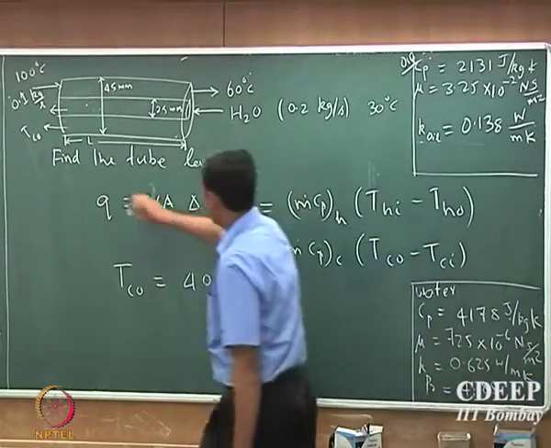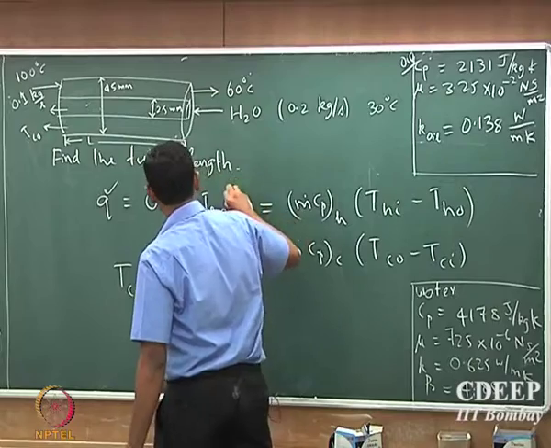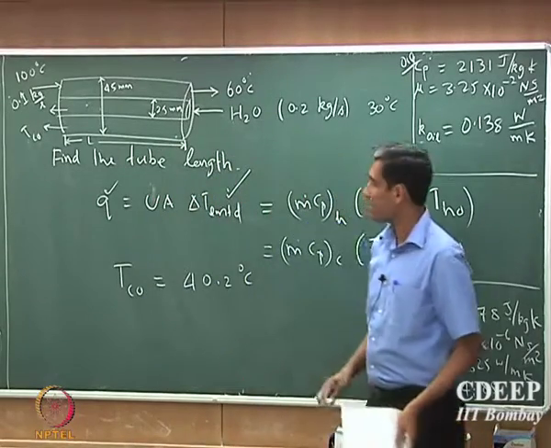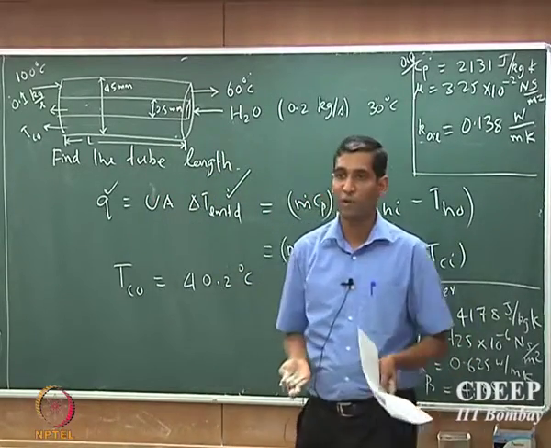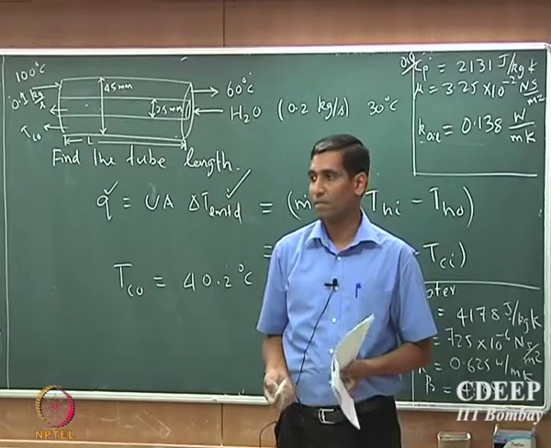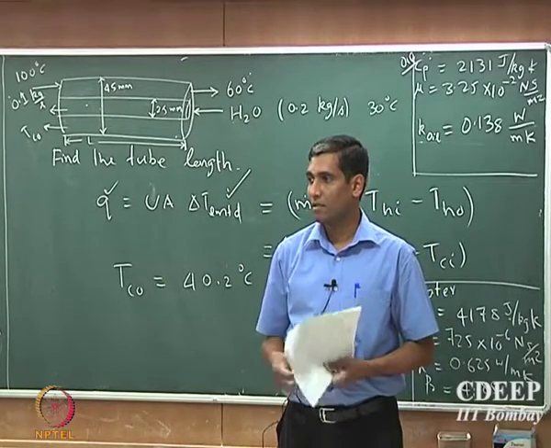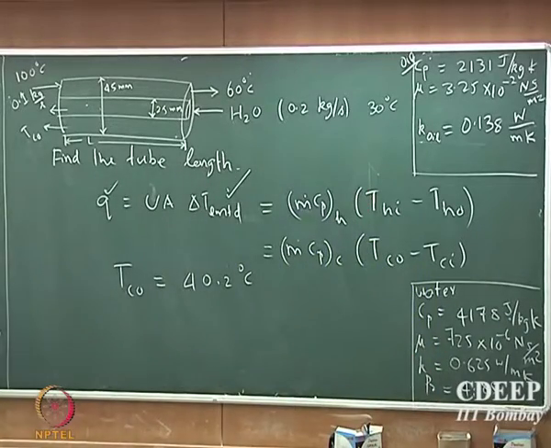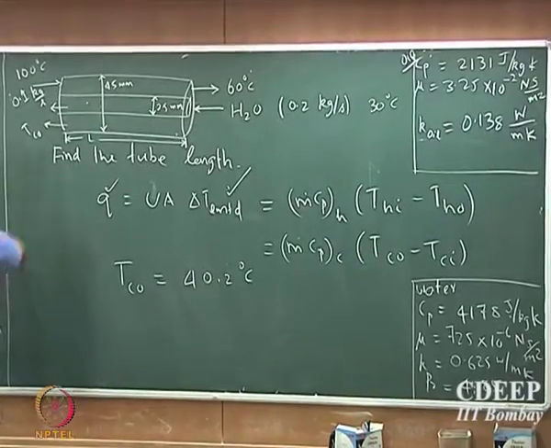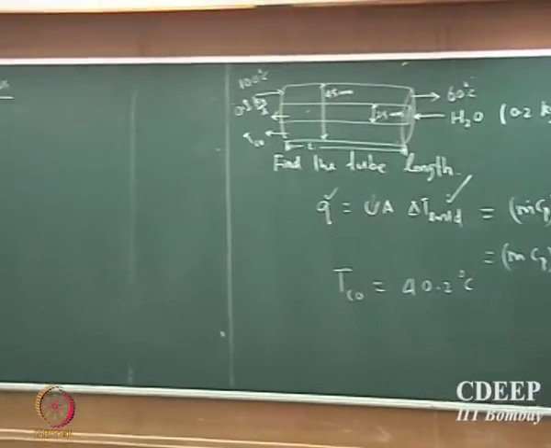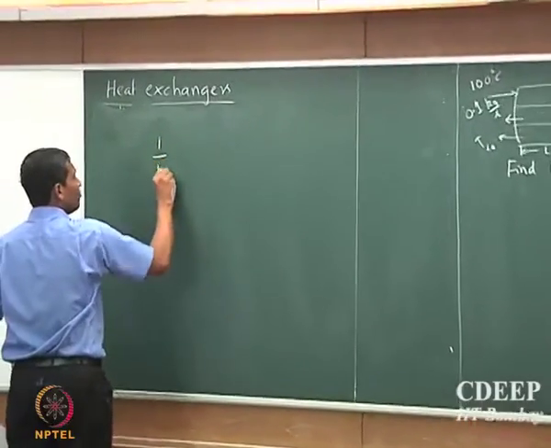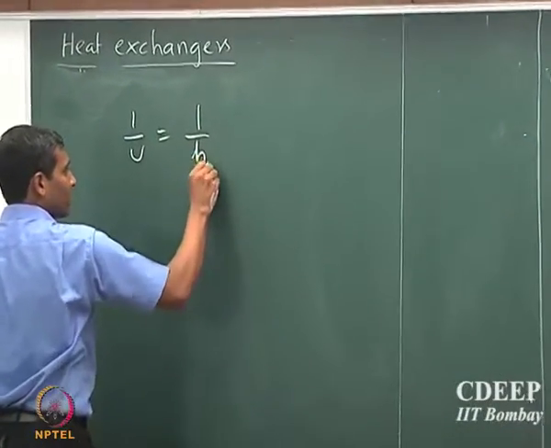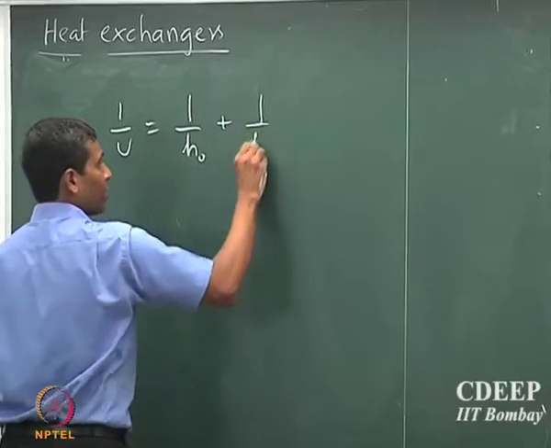So, we know Q, we know delta T LMTD. Okay, so we need to find U, the overall heat transport coefficient. How do we do this? So 1 over U is 1 over Ho plus 1 over Hi.